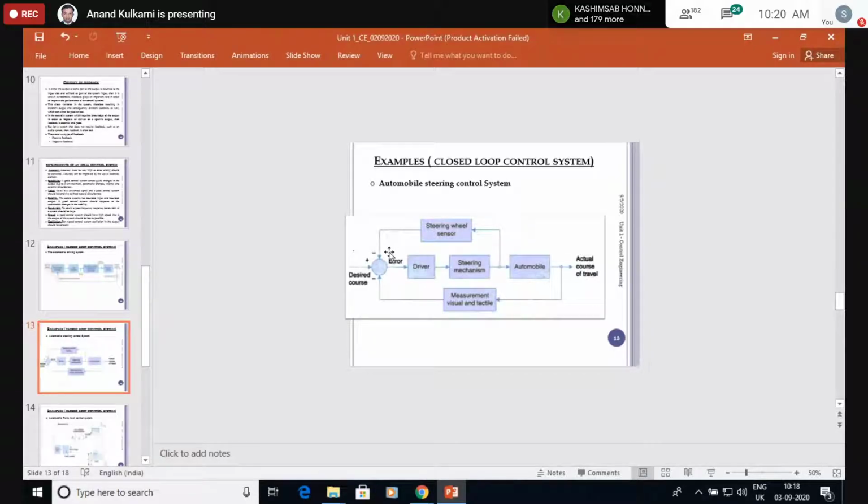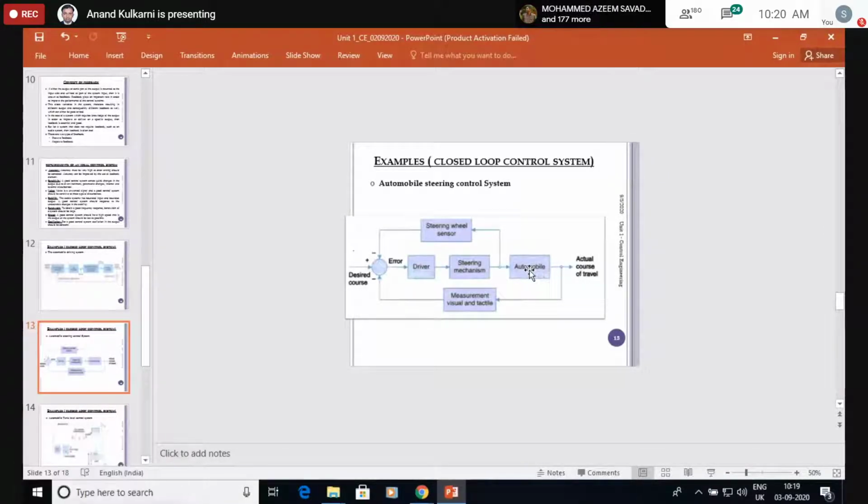So the difference between the input value and the measured value, as the measured value slowly goes on increasing, this minus this goes on decreasing. When it goes on decreasing, the control signal value is less. So the further steering action will be slower. So as we try to achieve the final value, as the difference between the set value and achieved value goes on decreasing, the steering action goes on decreasing.